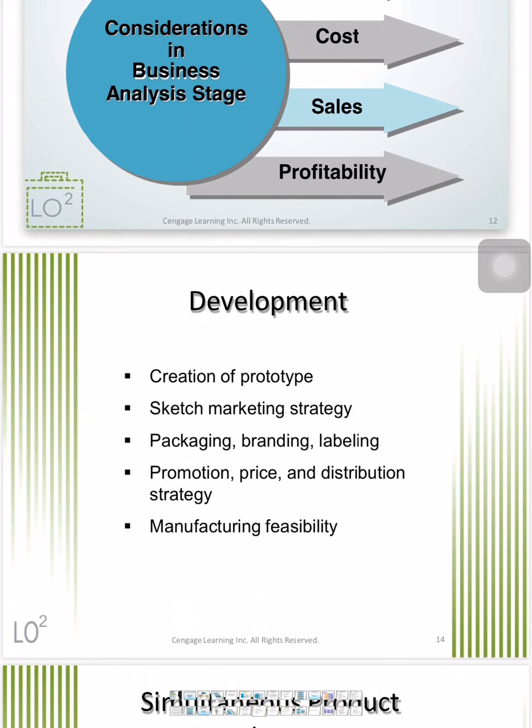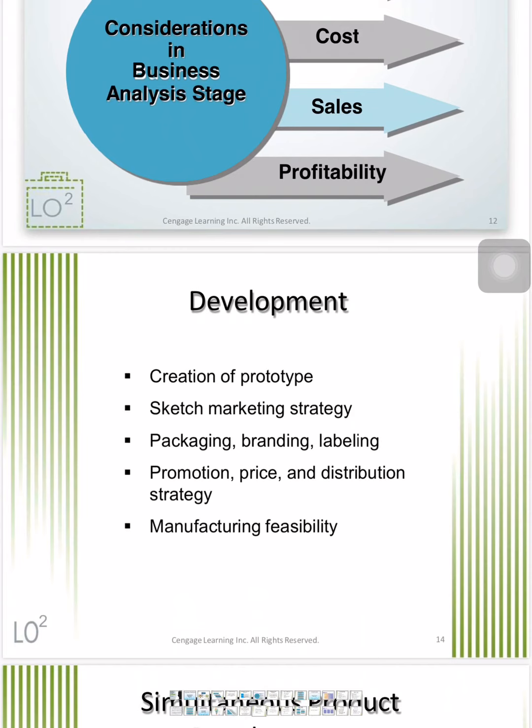Of course, you are ready with your product, and in this stage all departments have to work together. In terms of the production line, the production department, the finance department, the marketing department, they have to work together during this stage.